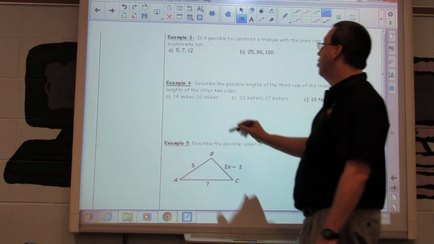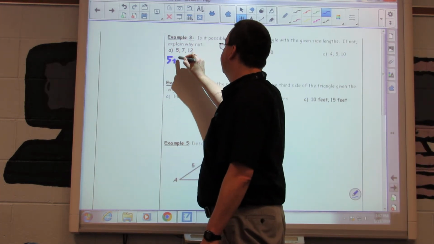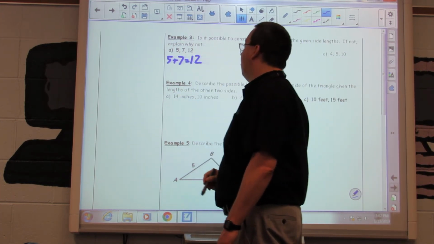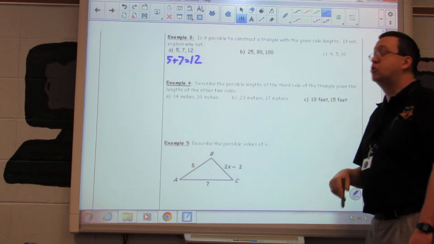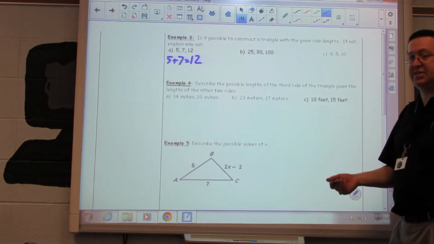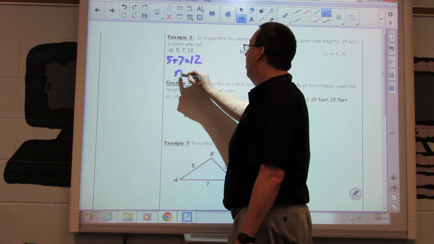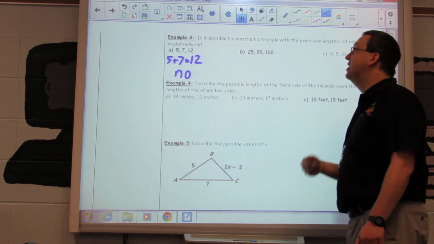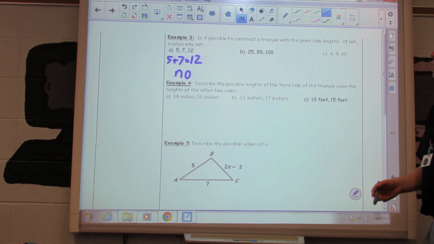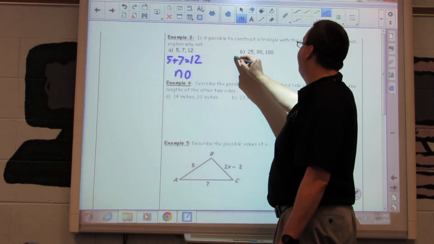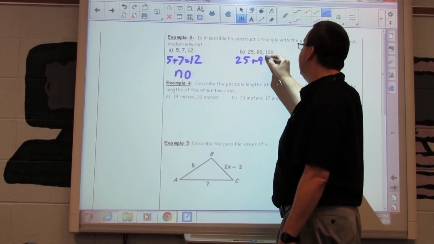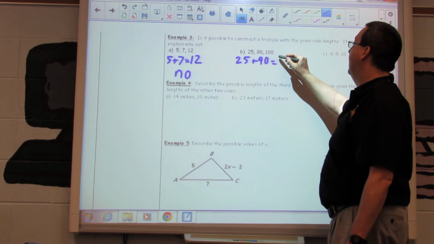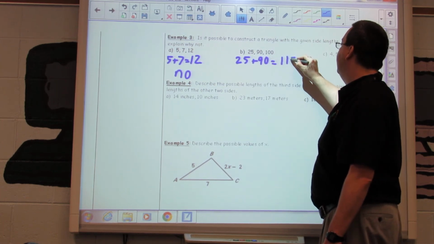So starting with the first one, I have 5 plus 7, that is equal to 12. 12 is not greater than 12, it's equal to 12. So this is no. And that work is my explanation. B, 25 plus 90 is 115.